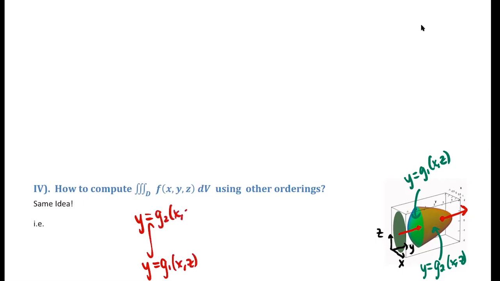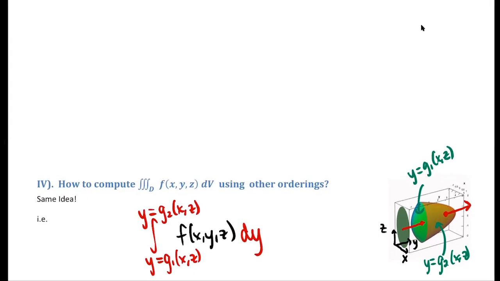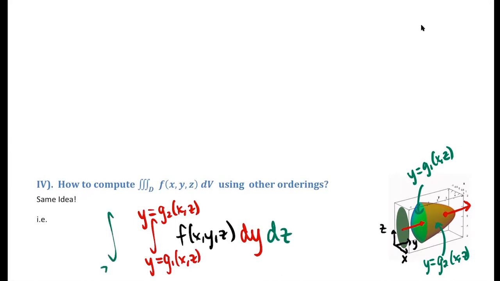And then my integrand's the same, so my integrand's just some function. And then to get the next bounds, I could either do dz dx or dx dz. Either way, let's say we just do dz and then dx.